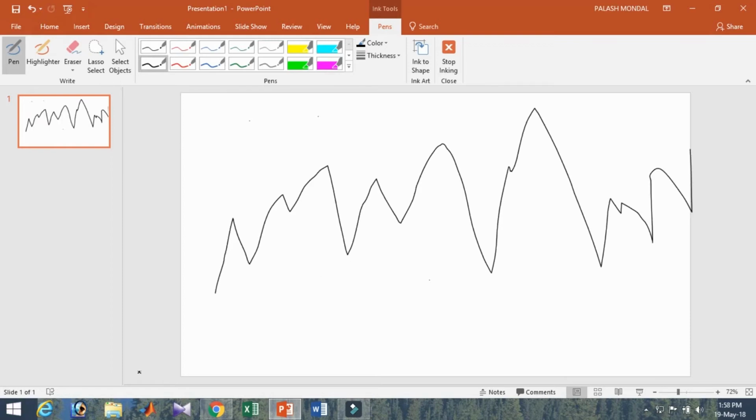Like this hill. Suppose one person is P1 and another person is P2. They went together. Suppose P2 is standing here.